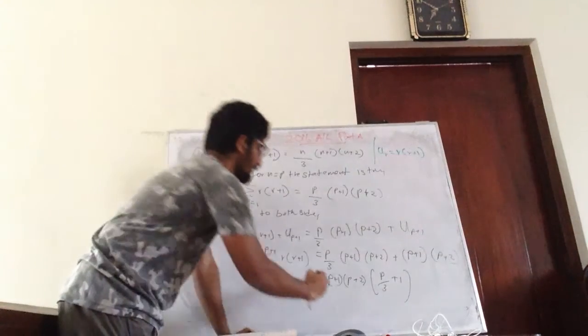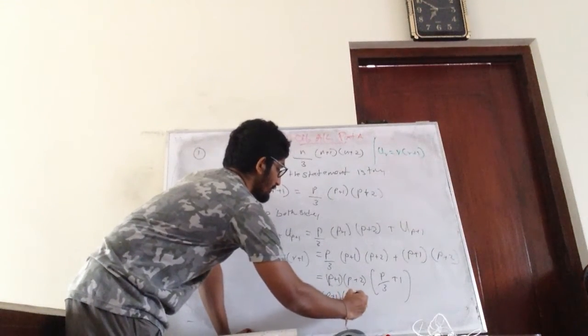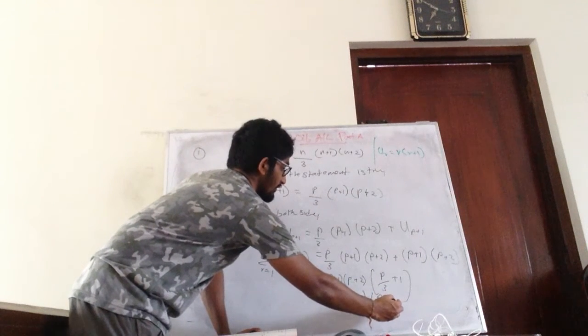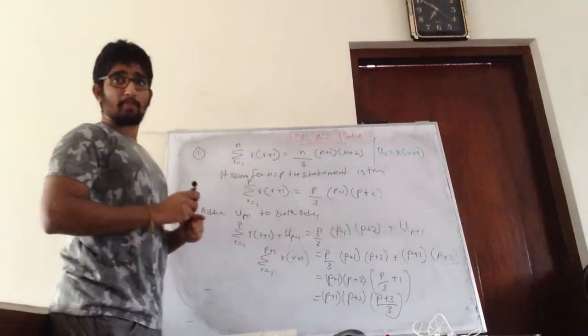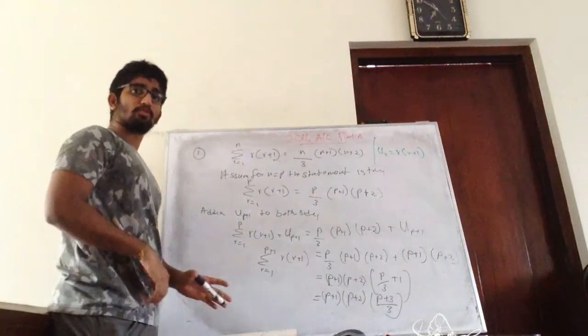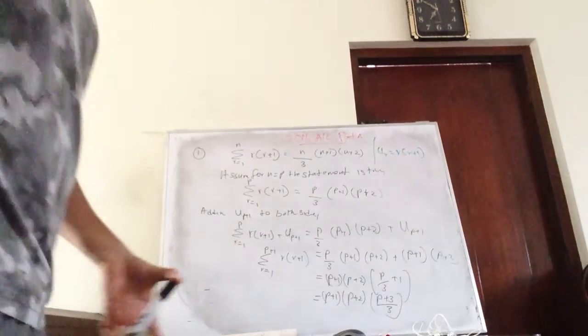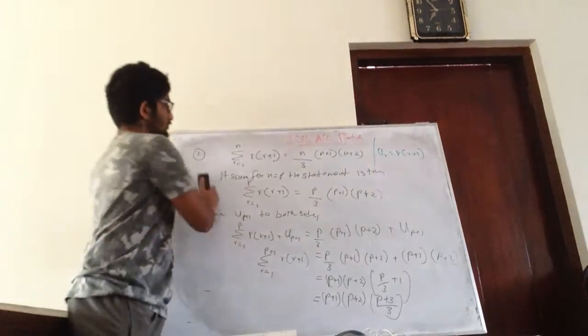So now I can write this further as p plus 1, p plus 2, p plus 3 over 3. Right? So we have almost come to the answer. So write this down. Right. So we came up to here.